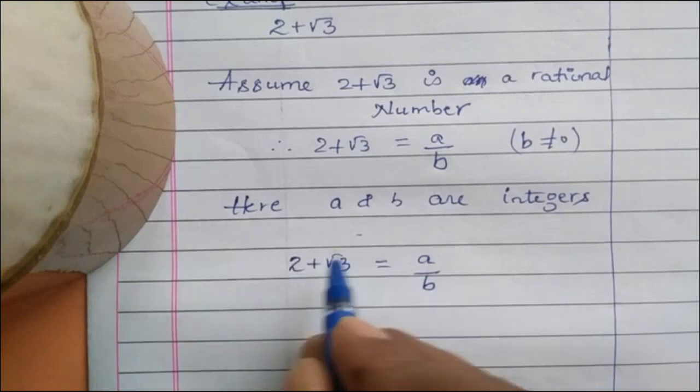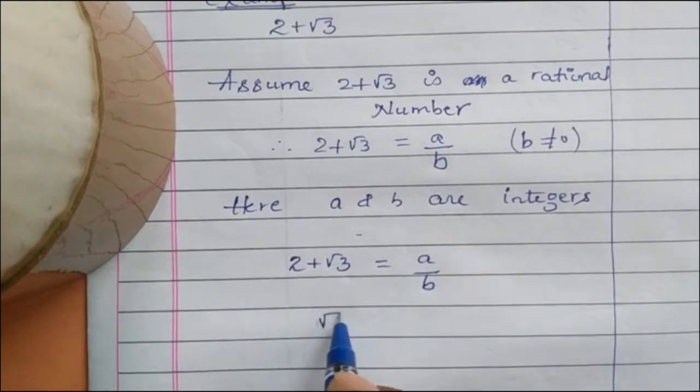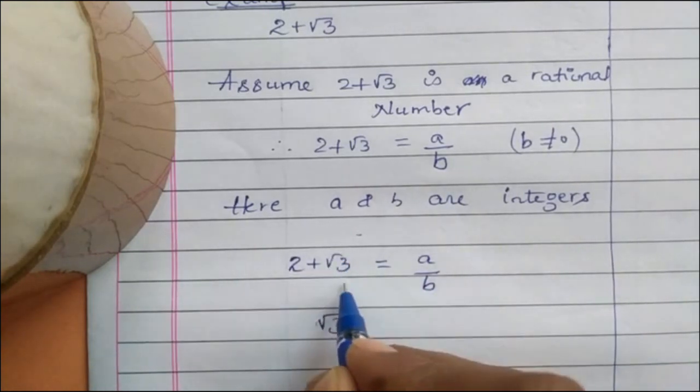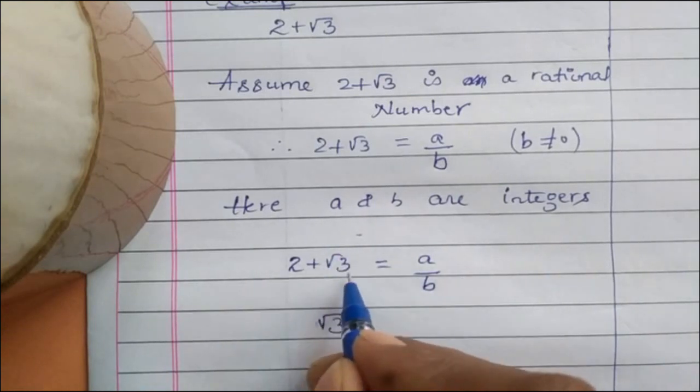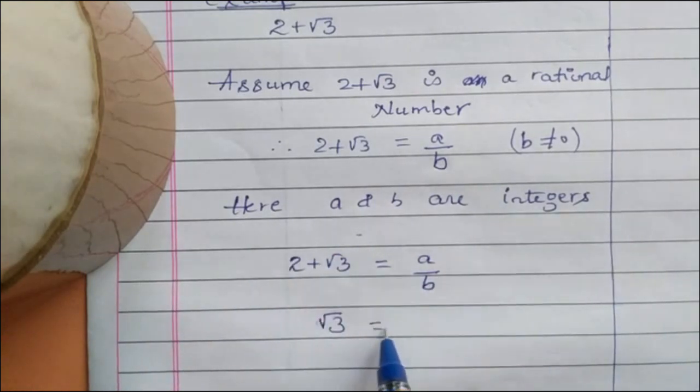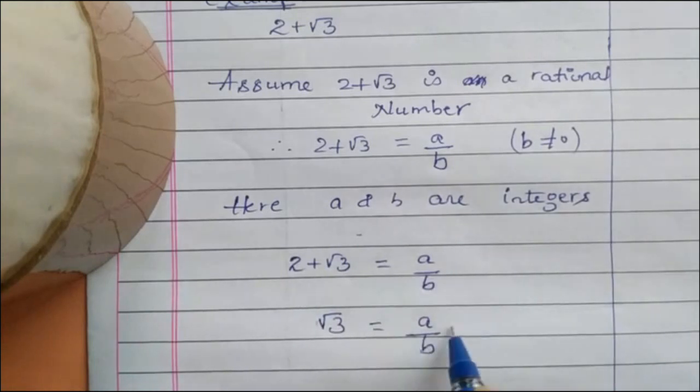We shift this 2 to the other side to isolate the root 3. Minus 2.